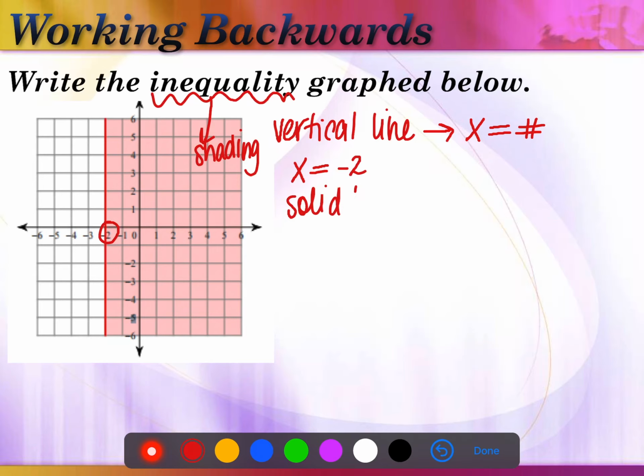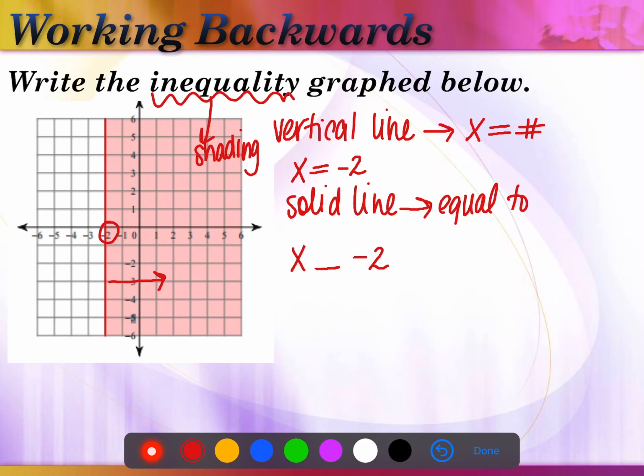I also see that there is a solid line, and the solid line means that the inequality is going to be equal to. Now I just need to determine, is it greater than or equal to or less than?